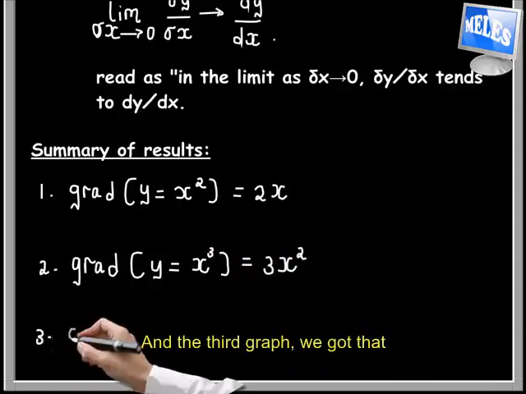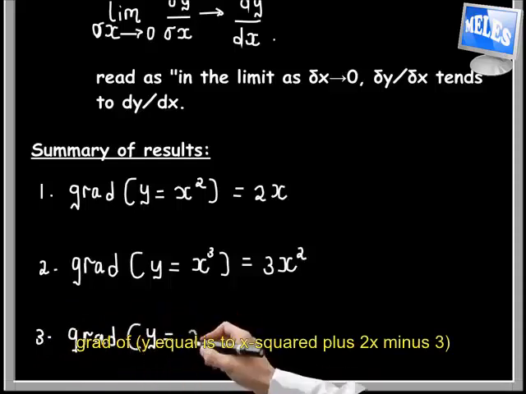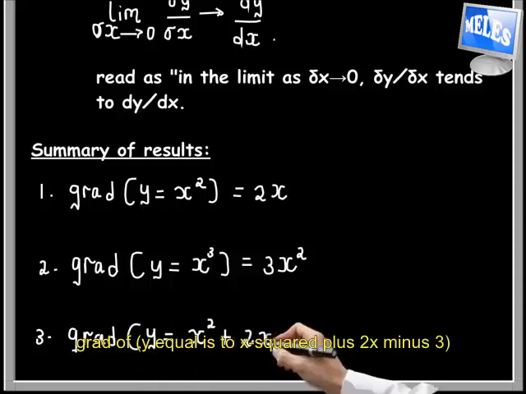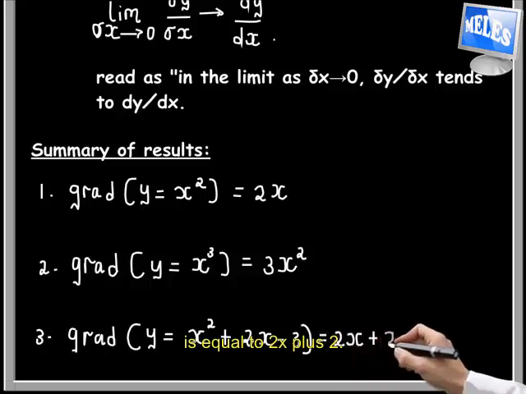And the third graph, we got that grad of y equal to x squared plus 2x minus 3 is equal to 2x plus 2.